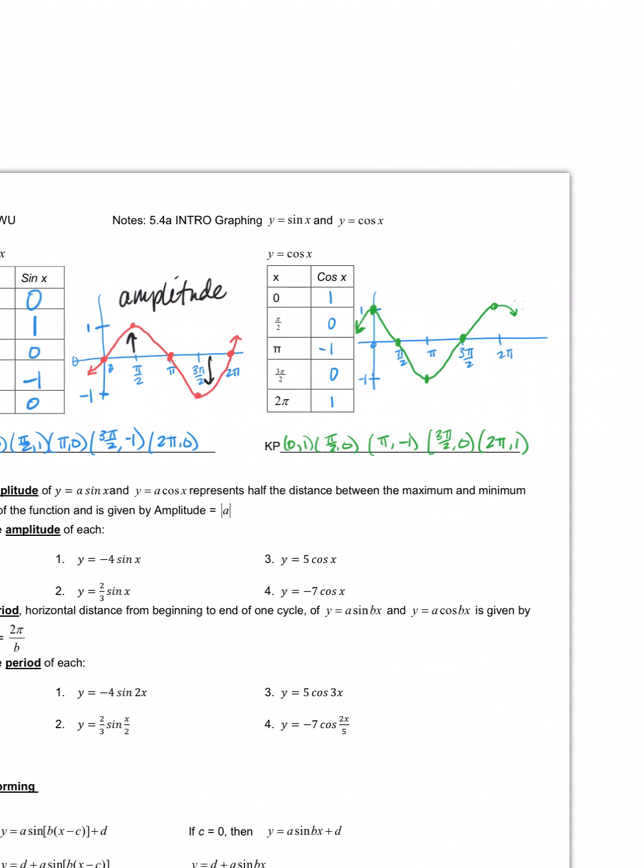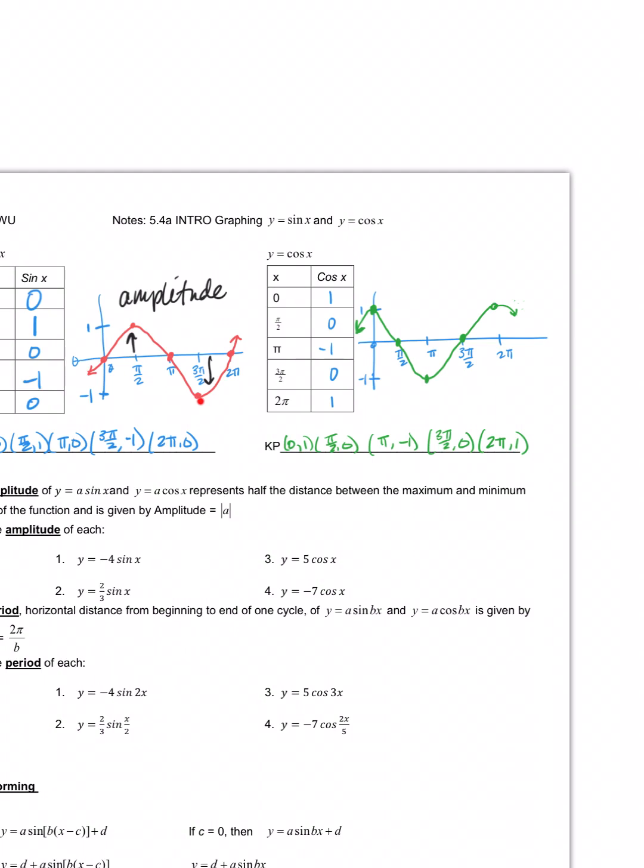How high is the wave, if you will? Does this sound familiar? Yep, amplitude. How high is the wave from the midline? All right, so the amplitude of my sine curve is 1. And although this is going down, the distance from the midline is still 1. So it's always a positive number because it's distance, right?